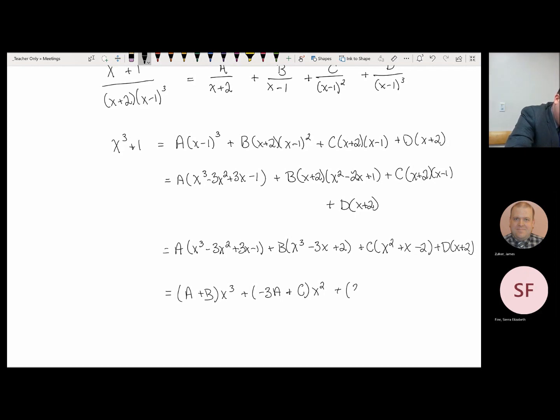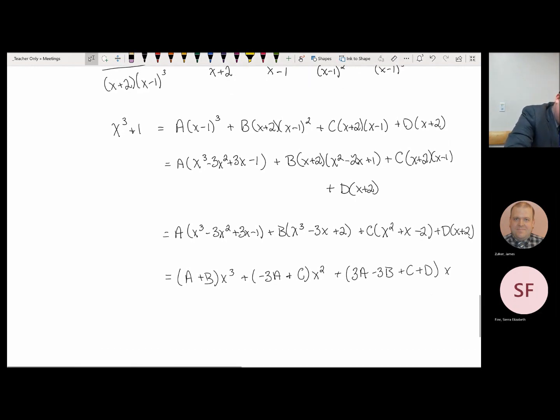X, we have 3a minus 3b plus c plus d. Constants, negative a plus 2b minus 2c plus 2d. And keep in mind that all of that is equal to x cubed plus 1.